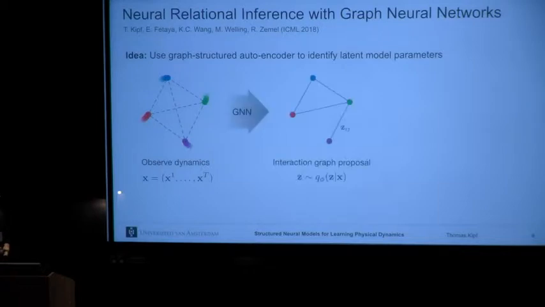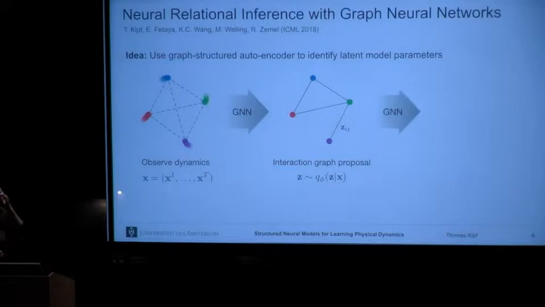Given that, the graph neural network is tasked to predict the underlying interaction structure. In this case, this could be certain parameters on the edges, whether two particles are interacting in a particular way, or what kind of constant, for example, for a particular force has to be placed on this particular edge. But it could also be other latent parameters of the physical system.